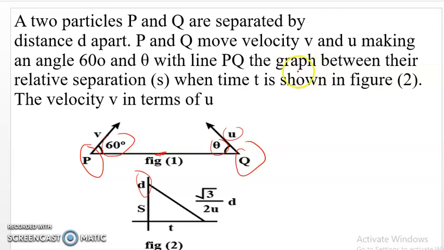The graph of their relative separation s against time t is shown in figure 2, and since they are separated with distance, we know it is simply root 3 over 2 u, as we are given. So we are to find the velocity v in terms of u.